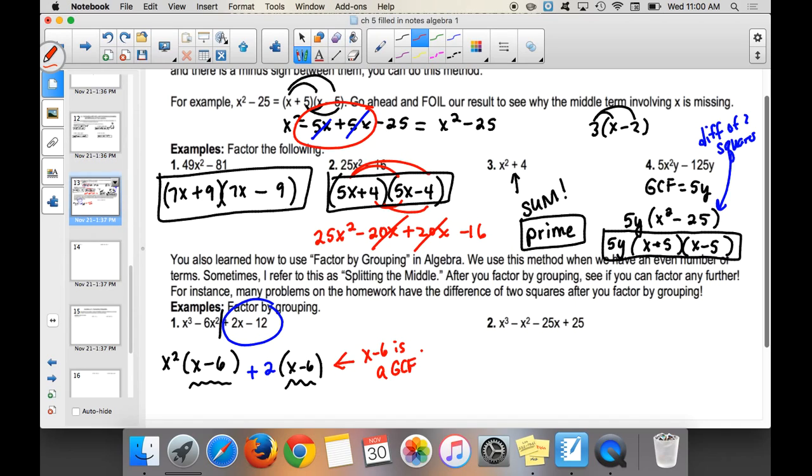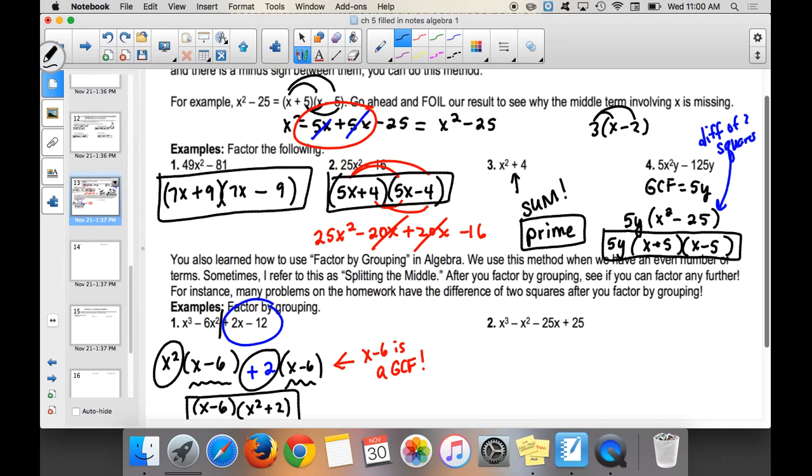So what do we do with GCFs? We pull them to the front. So we're going to pull out that x minus 6. And when we do, the thing that's left is x squared plus 2. And we write that inside of parentheses. So we write x squared plus 2. That is our factored form.